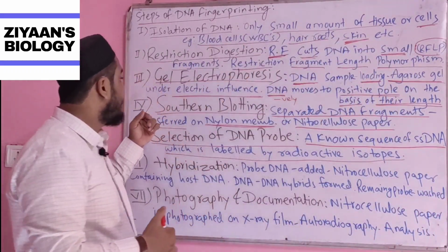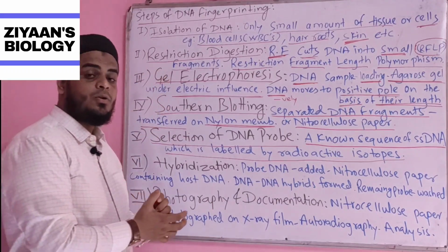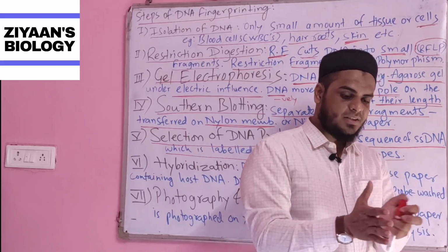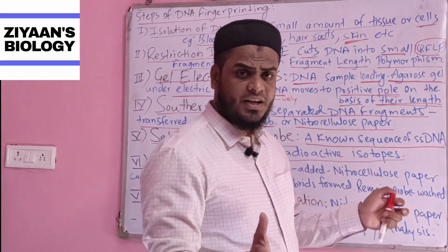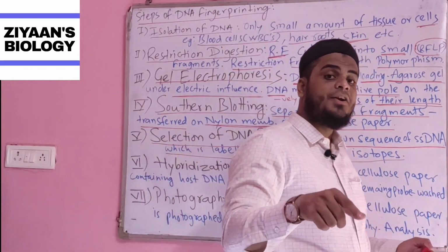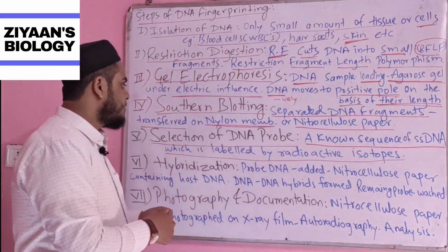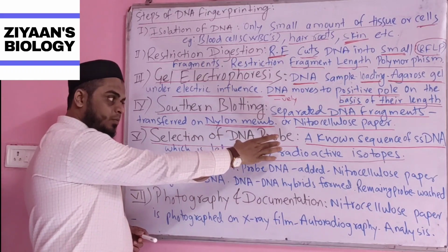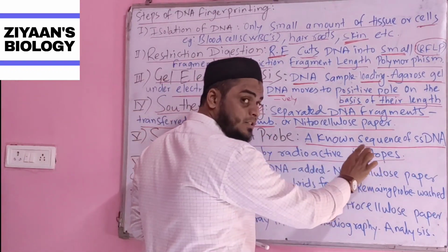Why? Because due to the gel electrophoresis, your DNA has been split up: the double-stranded DNA has been split into single-stranded DNA with the help of alkaline treatment. Done. So on another procedure, you are preparing a DNA probe which has radioactive isotopes.